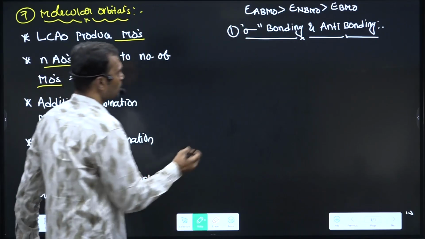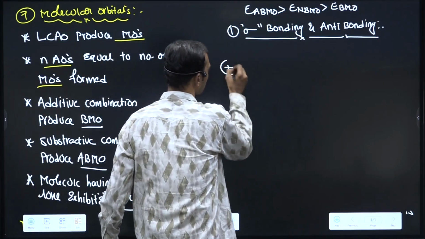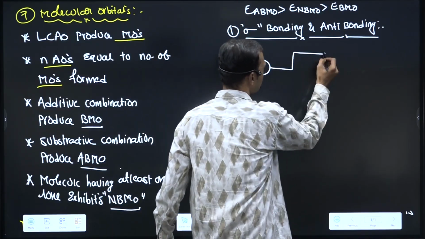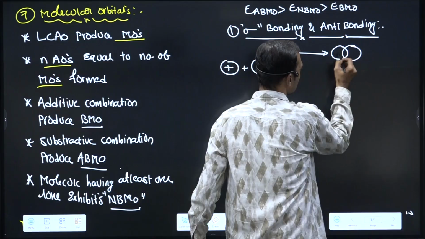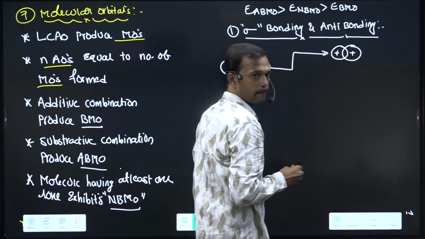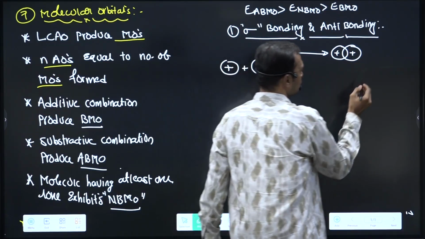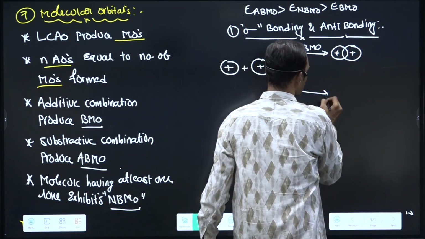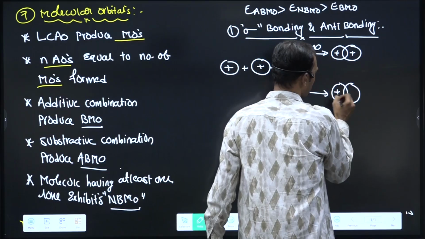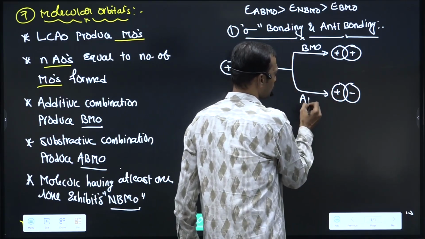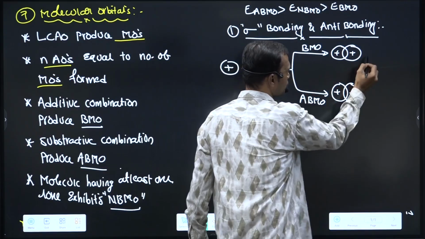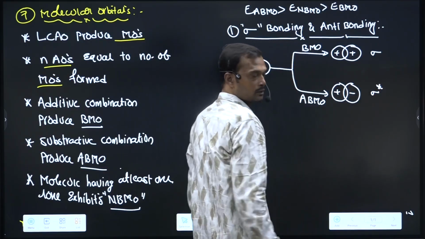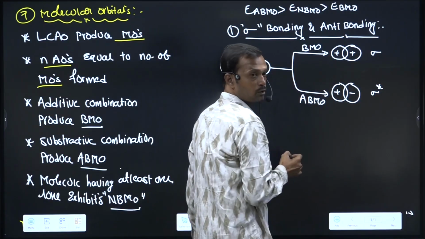See, I want to get sigma bonding. Can I overlap with the same sign? Here one plus s orbital, here a plus orbital. If these two overlap together, what do you expect? If two same signs overlap, what is this? This is called BMO. Suppose two opposite signs overlap, plus and minus, what is this? ABMO. So this is called sigma, and what about this one? Sigma star. This is ABMO and this is BMO.